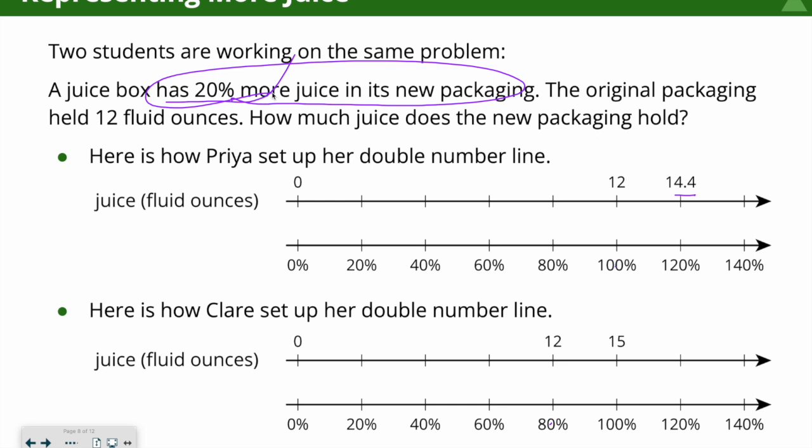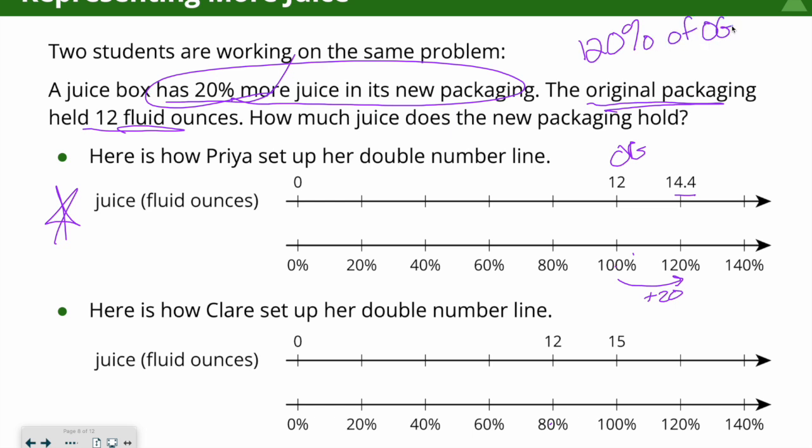The original is always going to be 100%. And the original packaging is 12 ounces. So that makes Priya the correct one, because 12 is the original and we're adding 20%. So we're taking 120% of the original to find the new. Claire subtracted 20% to put the 12, but the 12 is the original amount.